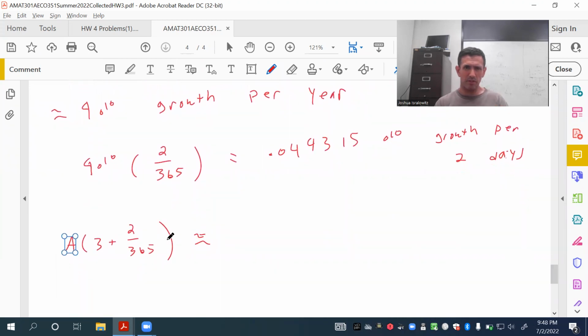It's basically the definition of force of interest. After 3 years, we have 20 million. It grows by this percent per 2 days. So divide by 100 and add 1.